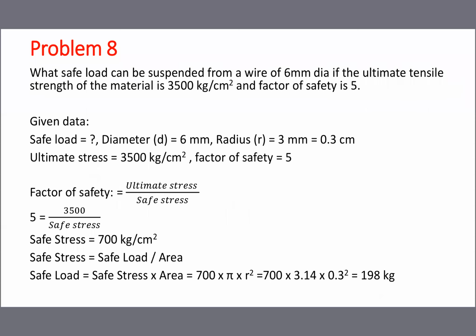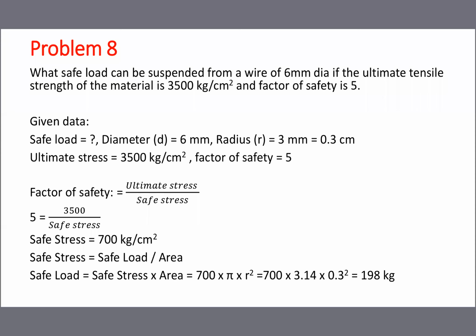Go to problem number 8. What safe load can be suspended from a wire of 6 mm diameter if the ultimate tensile strength of the material is 3500 kg per centimeter square and the factor of safety is 5.